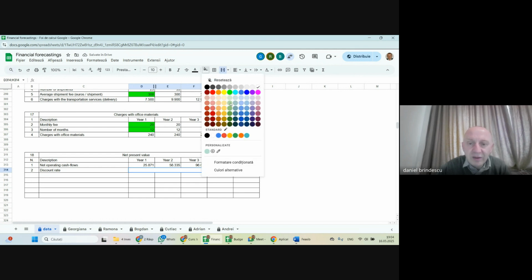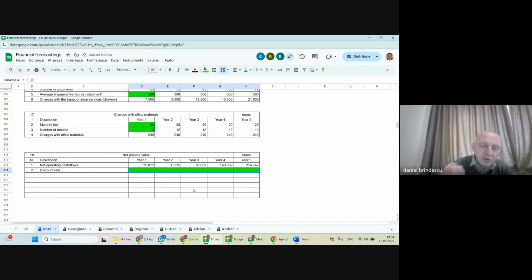I'm marking the cell in green because I'm going to input the discount rate from my keyboard. I'm going to say 15%, and we are going to debate later on concerning its value. So for the time being, let's say that I would be expecting 15% return.